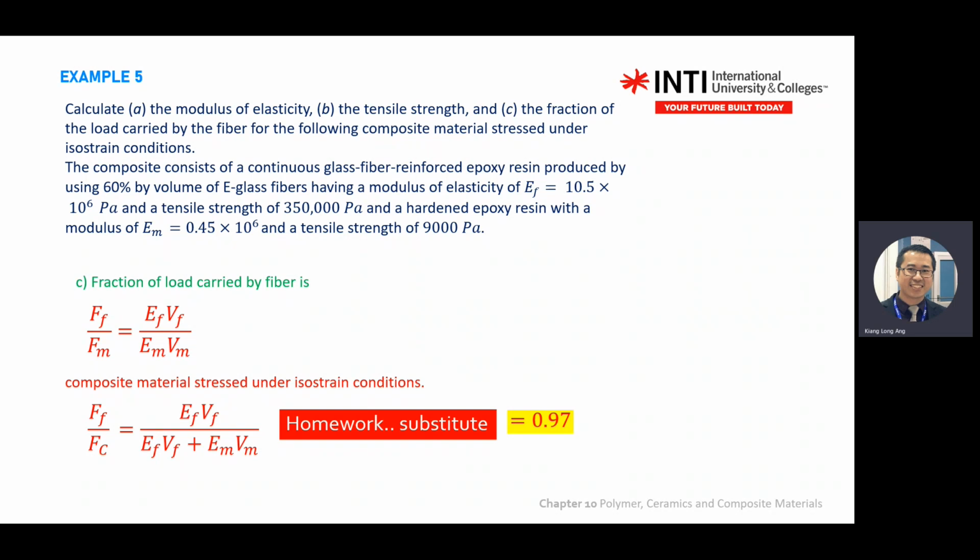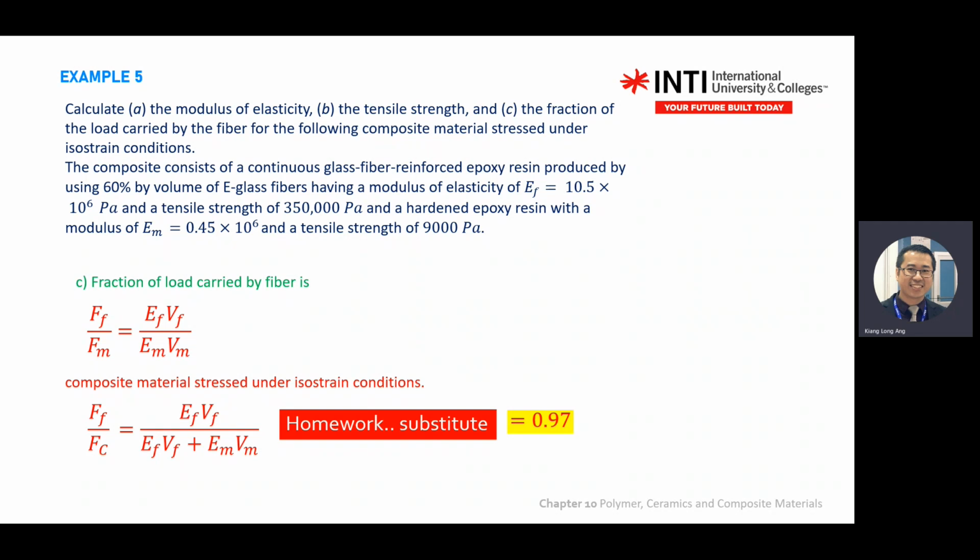So P, it can be force, it can be stress, it can be any parameter. It can be strain also if you want. Okay, so the simple mathematics principle here is that the composite must combine with a fraction of fiber plus a fraction of matrix.